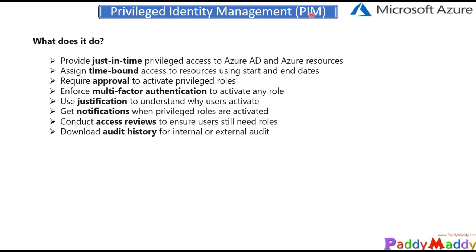Justification can be attached, like a ticket number or such information. Also you get notified with other admins, you can conduct access reviews, and you also get all the audit reports with the history. So you can configure all these with the help of Privileged Identity Management.